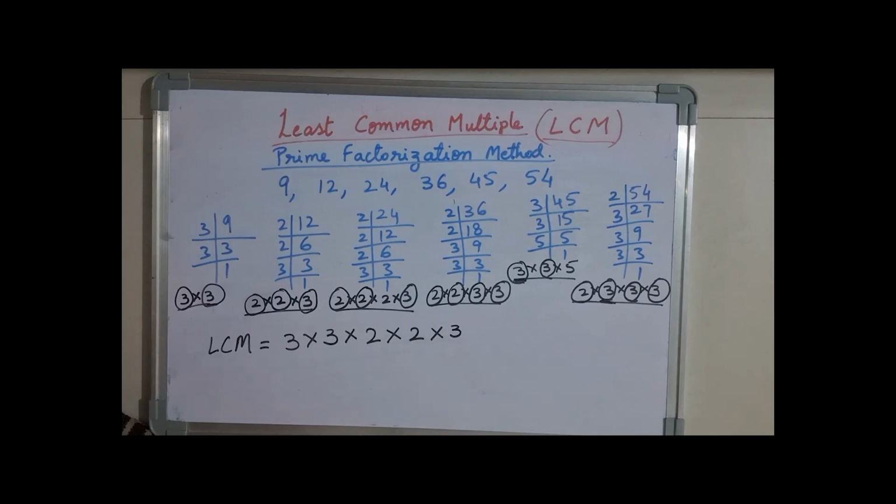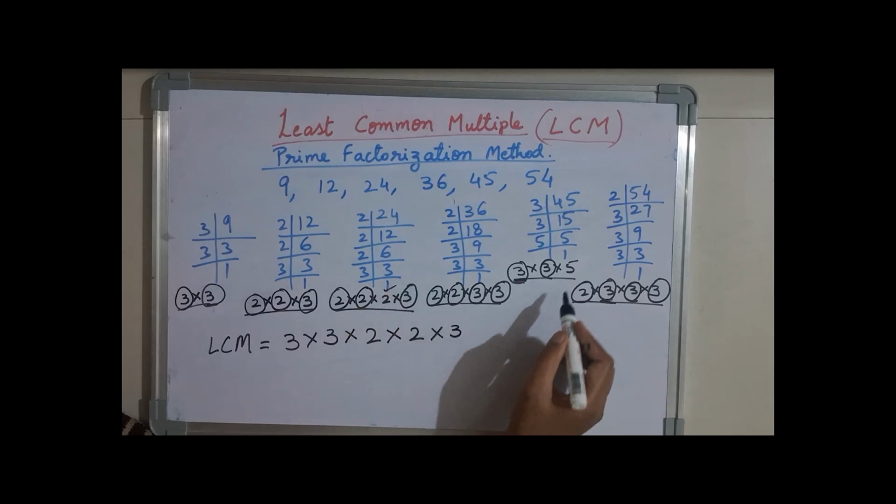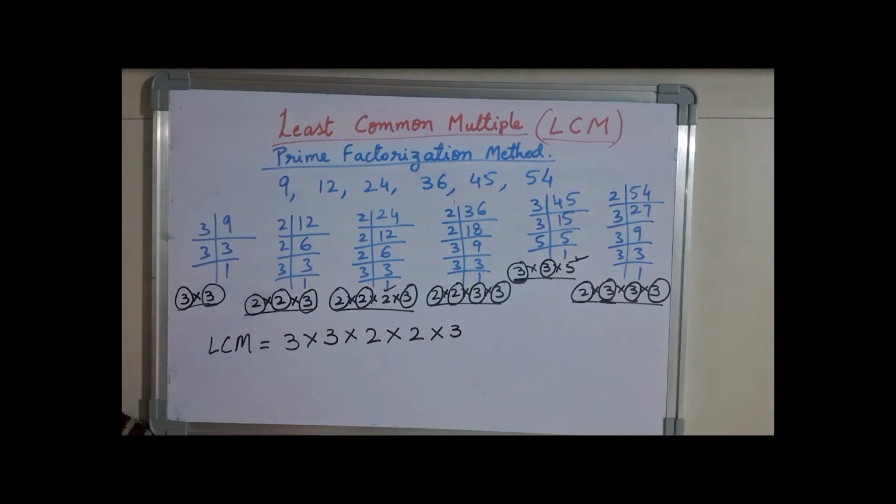Okay. Next, we can see that the only leftover numbers are 2 here and 5 here, isn't it? So the ones which are not common and leftover, those also we have to include in this multiplication. 2 also you have to write, and this 5 also you have to write here.